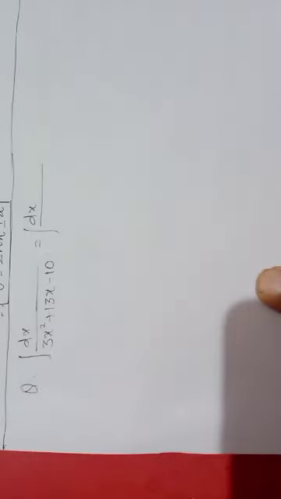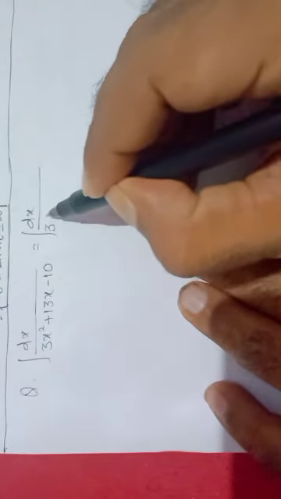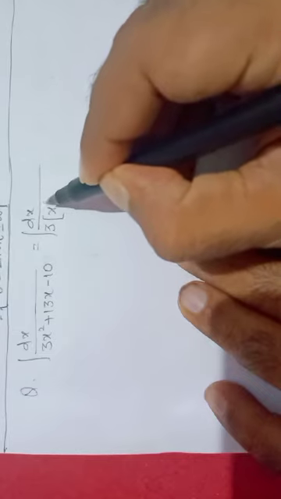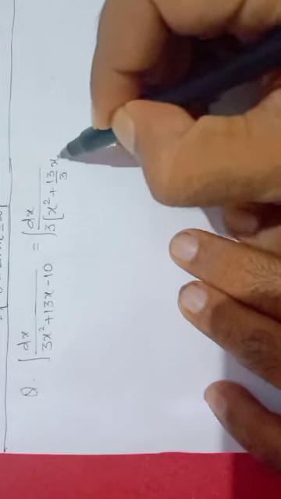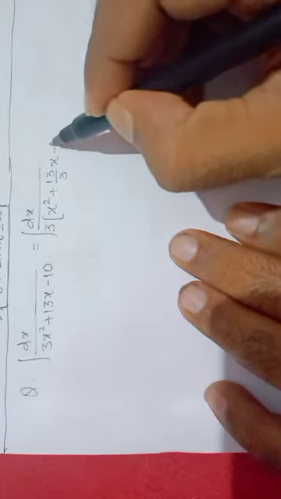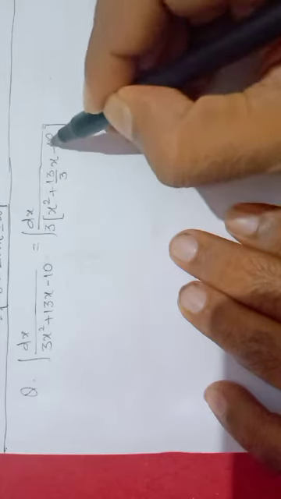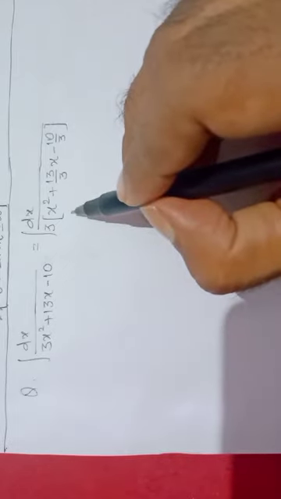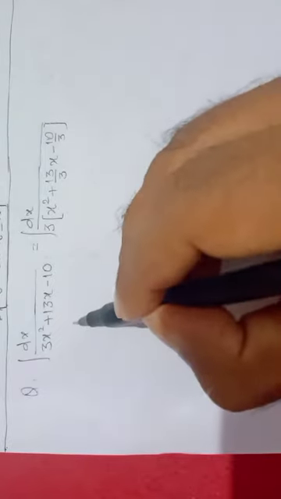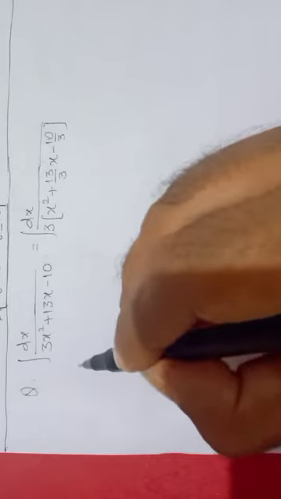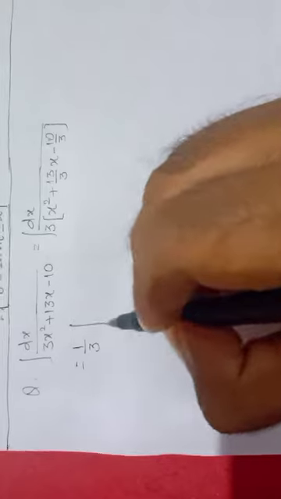Thus your denominator should be written as 3 taken as common, x square plus 13 by 3 x minus 10 by 3. After taking 3 as common, the denominator will be like this. Now simplify it further. See how. First of all, 1 by 3 is taken out of the integral because it is a constant.